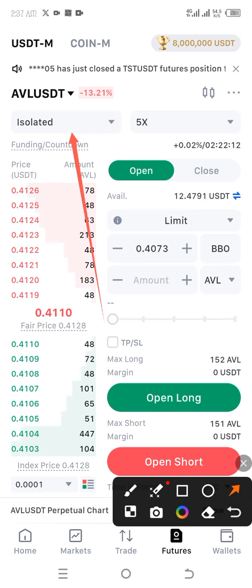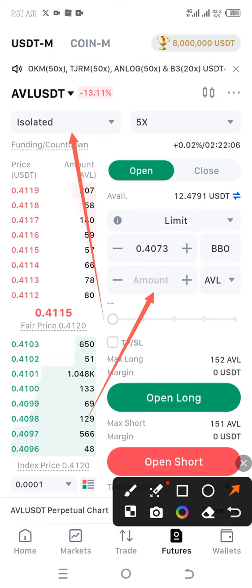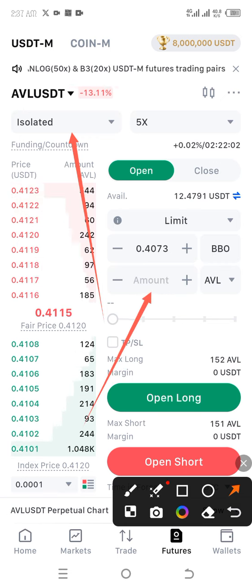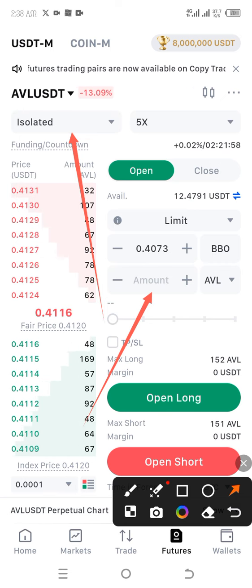Any amount you type here, buying the coin, maybe $20, $10, will be the only one they are going to touch. So if the price goes in your favor, you are going to make money. But if the price bounces back and eats up that $10 or $20, they're going to move you away from the market.